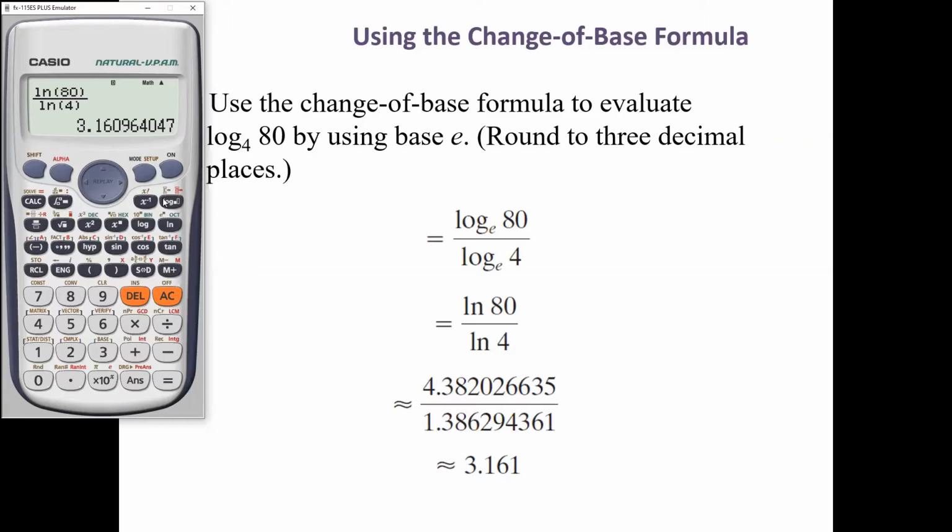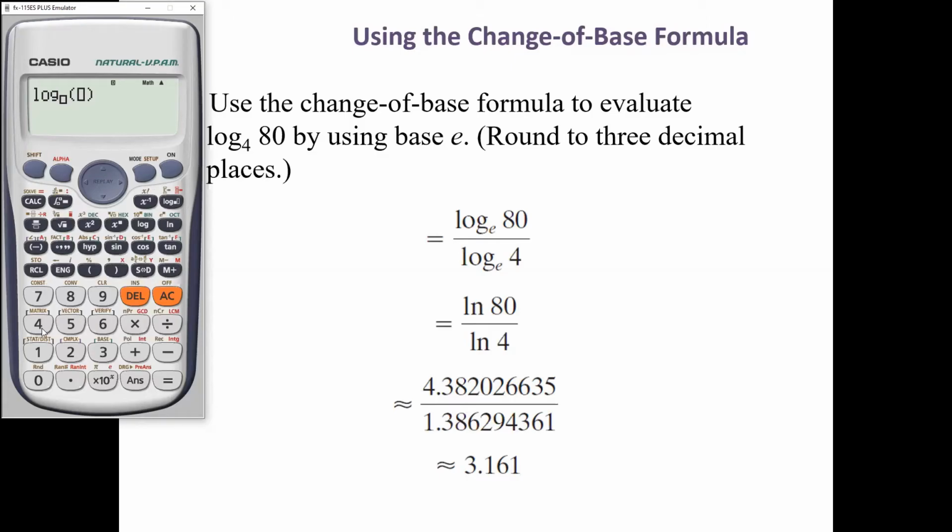Okay. What if we wanted to use this key? Well, log, okay, we did this the other day, alpha E, move over, okay. Well, no, we don't even need to do that. Forget that. You can get that way, but you don't need to go that difficult.